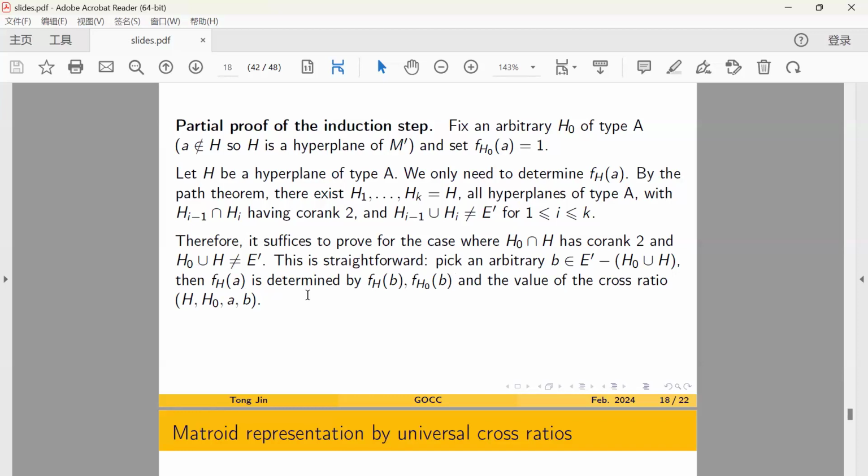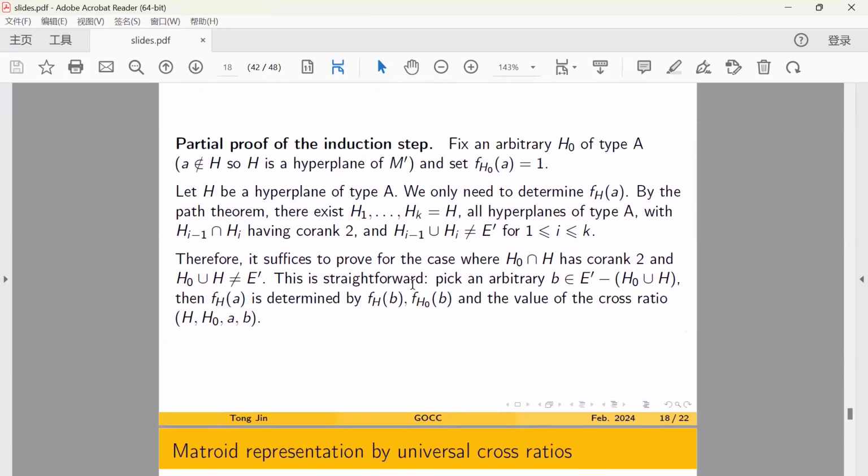Then F_H(A) is determined by the cross ratio of H0, A, and B, and the known values of F_H(B) and F_H0(B). Those values are known because we already know the hyperplane functions, or the representations, of the deletion M prime.